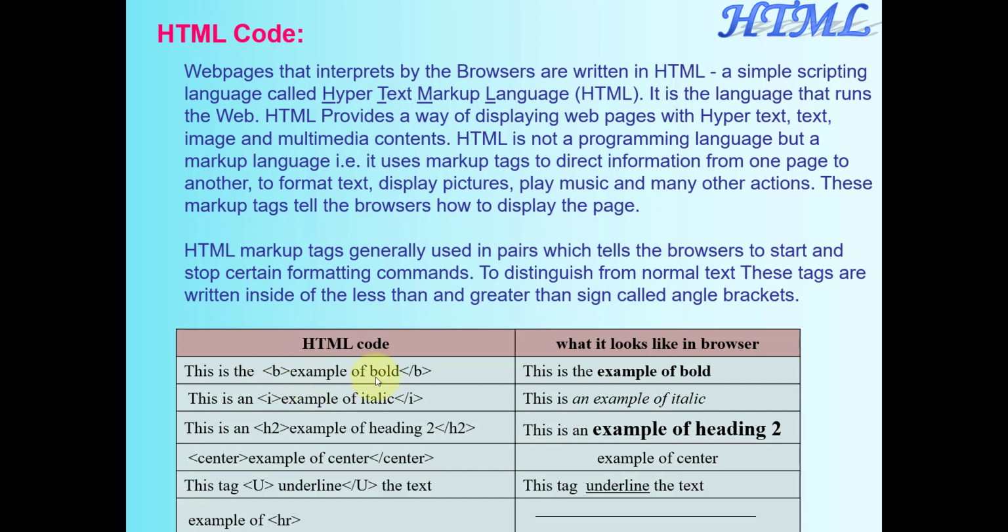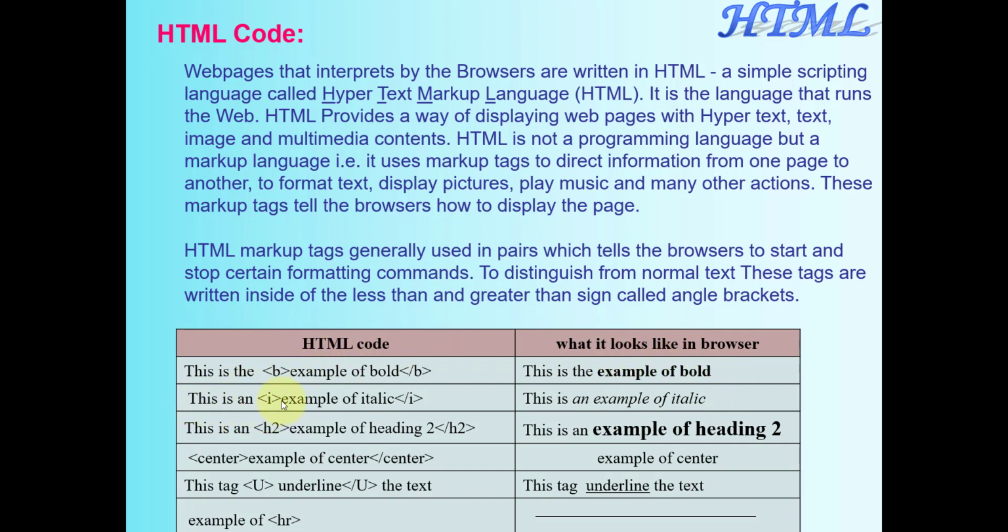Clear? This is a bold tag, meaning the B tag. So it will execute in this form. This is the example of bold. So the example of bold is executed in bold formation. Clear? We wrote it in a very simple way, but when it is executed in the browser, it looks like this. So this is the difference when we use the bold tag.